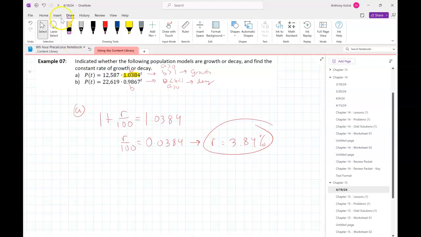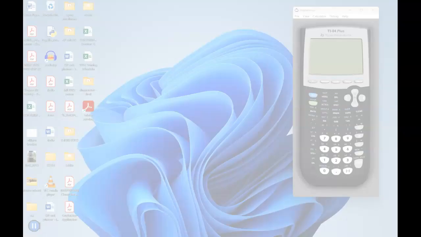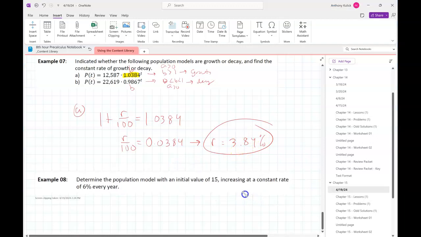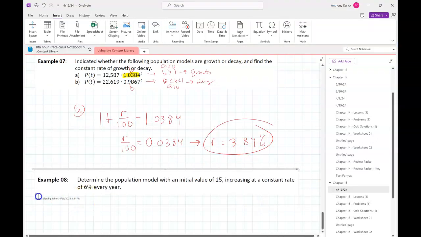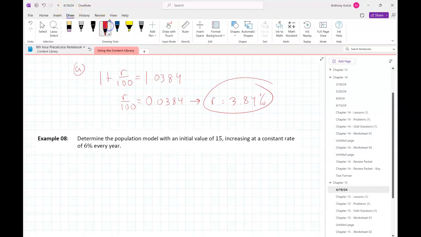All right, let's look at some examples. Determine the population model with an initial value of 15 increasing at a constant rate of 6% every year.